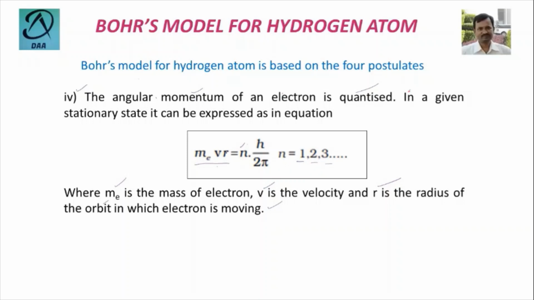So this mvr, the angular momentum, will be quantized. That means it cannot take any value, only n h by 2 pi, where n is equal to 1, 2, 3. This is called the quantization of the angular momentum of an electron.